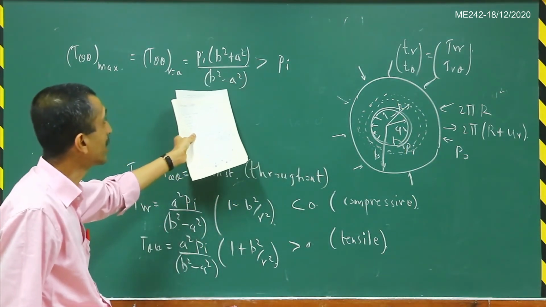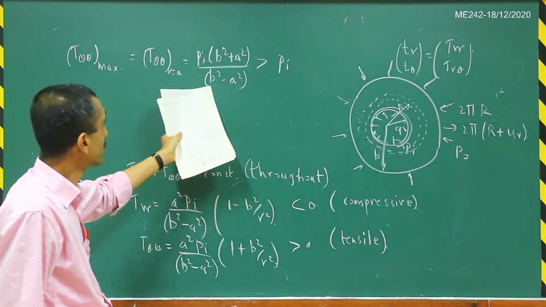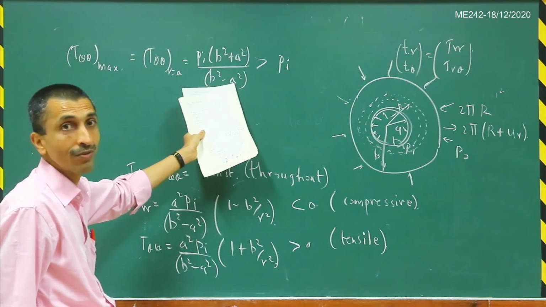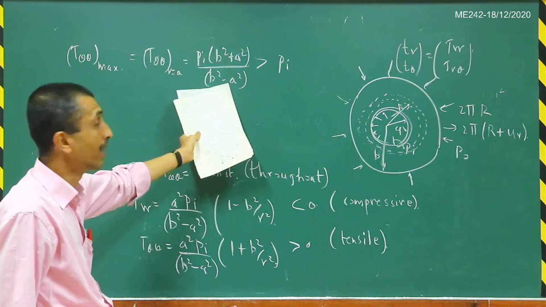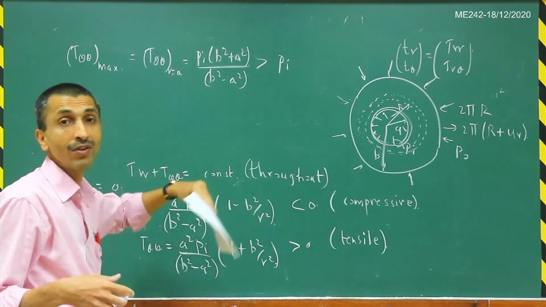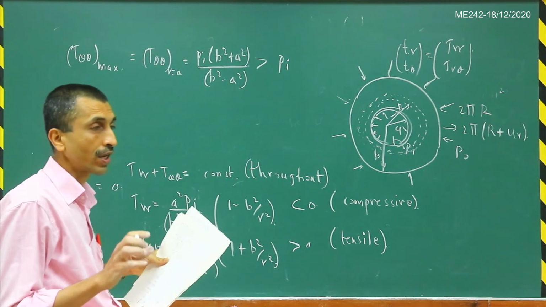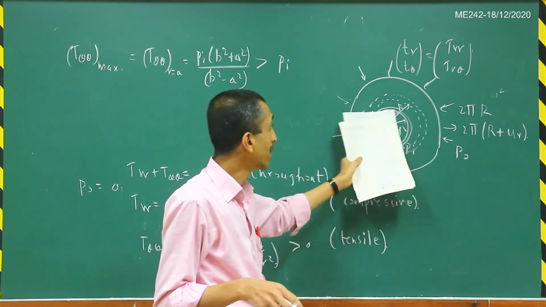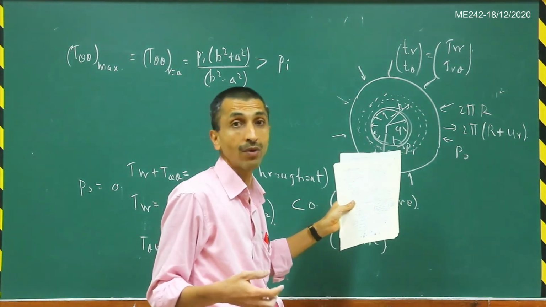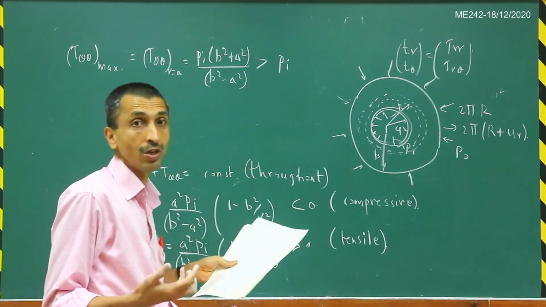Suppose it's a thin walled shell, then this B square minus A square is going to be very small, correct? And then this term is going to be large compared to this one. So you can get even 10 times of Pi as a stress. So even though you are applying only a pressure of Pi, the tau theta theta can be 10 times of that one. So that is what I keep repeating, that these things are not very intuitive, correct?